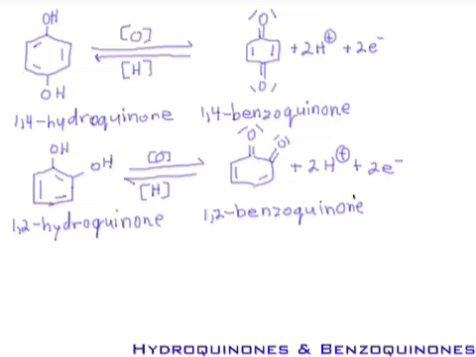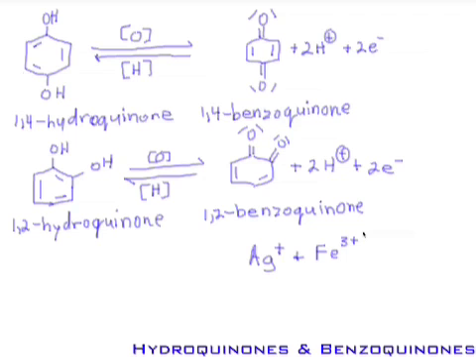Now, this oxidation proceeds with very mild oxidizing agents such as silver plus and iron 3 plus. The ability of hydroquinone to get oxidized easily by silver ions means it will reduce the silver plus to silver metal.